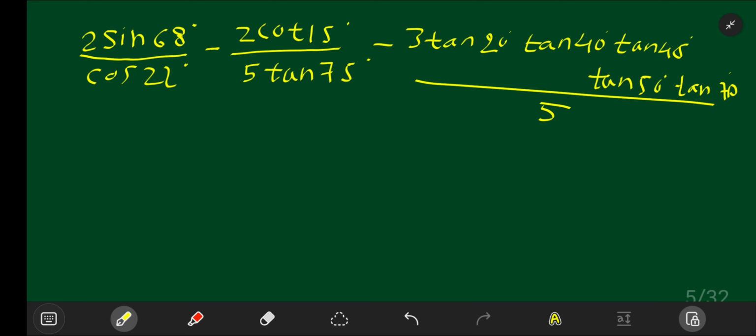This is the question. Find the value of this.